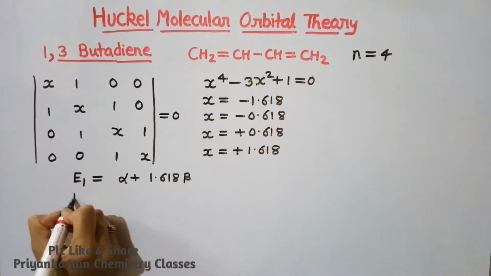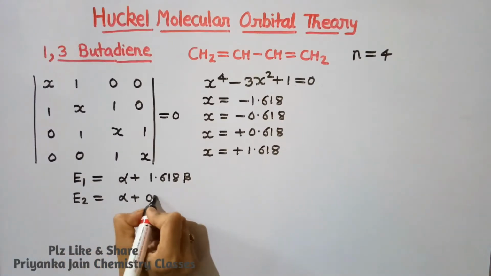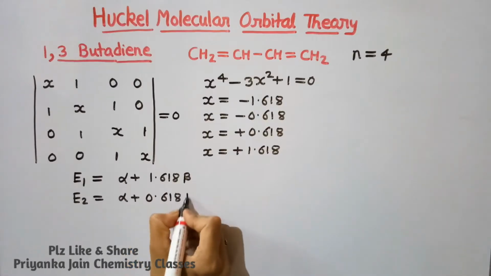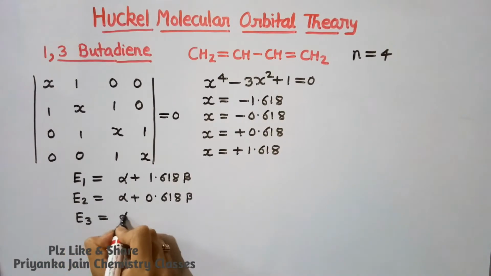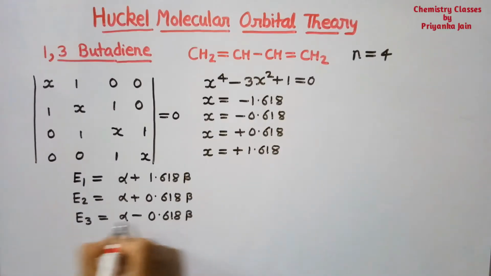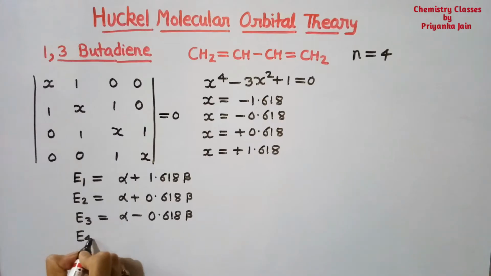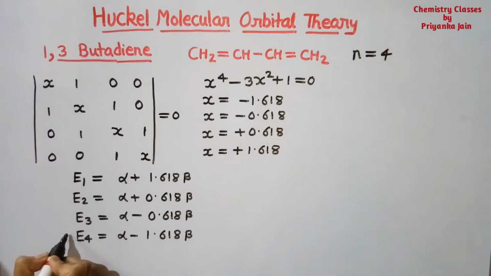Another we will get, E2 is equal to alpha plus 0.618 beta. E3 will be equal to alpha minus 0.618 beta, and the fourth one will be E4 is equal to alpha minus 1.618 beta.